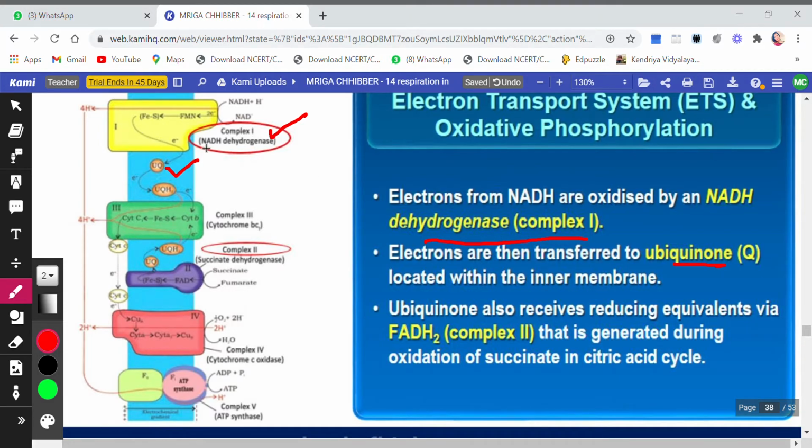So these electrons, you can see this is the electron, are then transferred to ubiquinone here, as you see. And again, I told you gaining of electrons, that means gaining of hydrogen, that is reduction. Ubiquinone is located in the membrane. So this electron adds up to UQ and it gets converted into UQH. That is, reduction takes place.